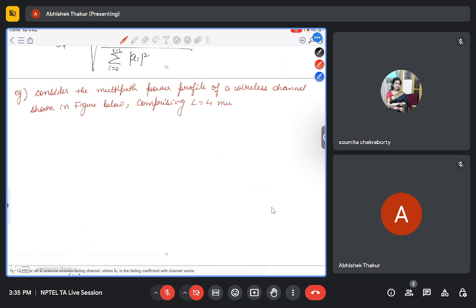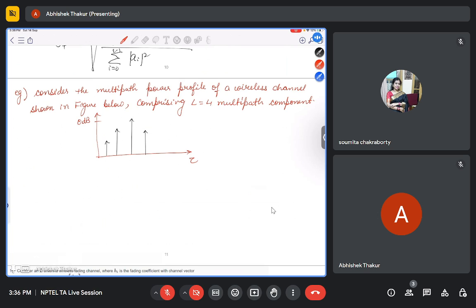So L is equal to 4 multipath components is given, and the power profile of these 4 multipath components is given. This is 0 dB.